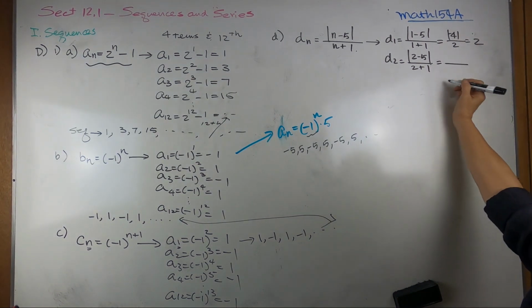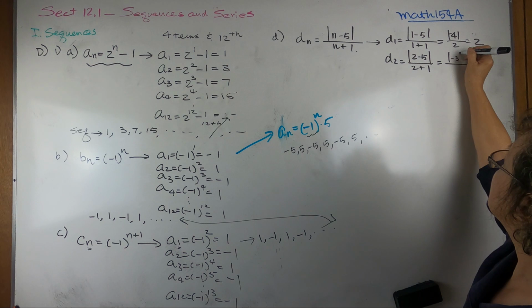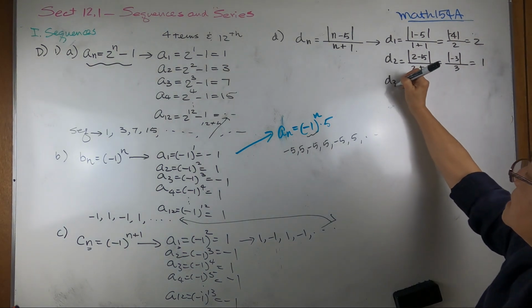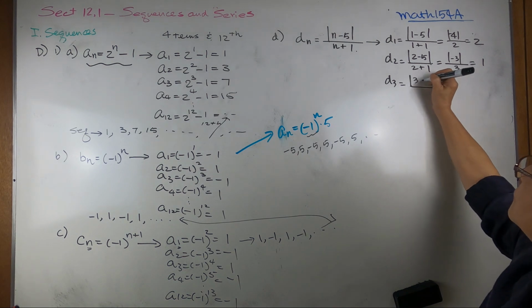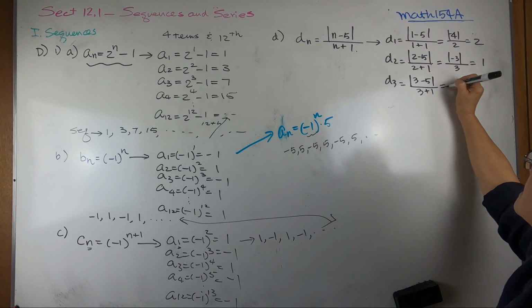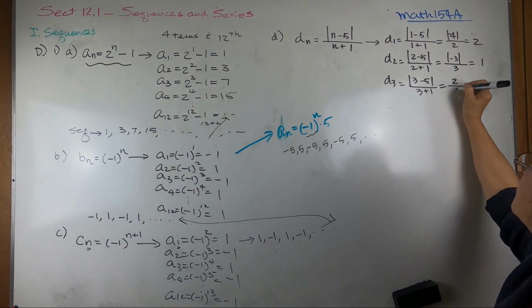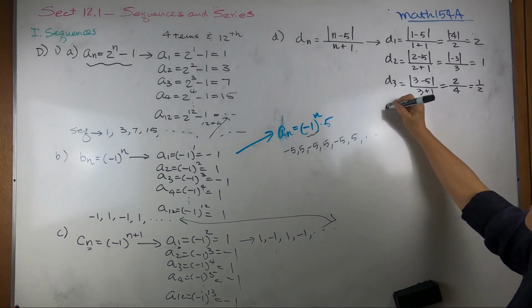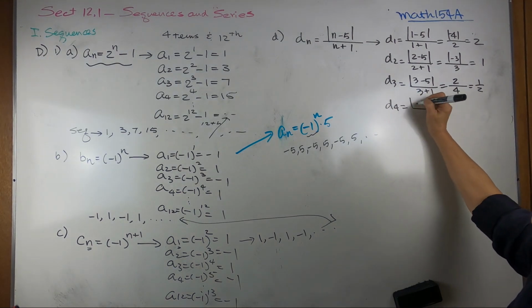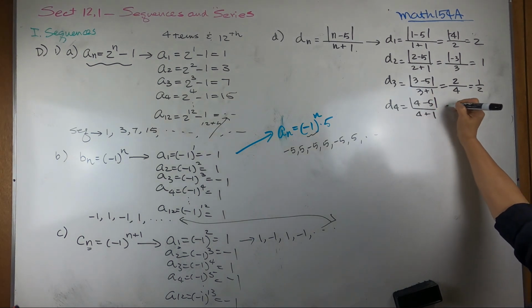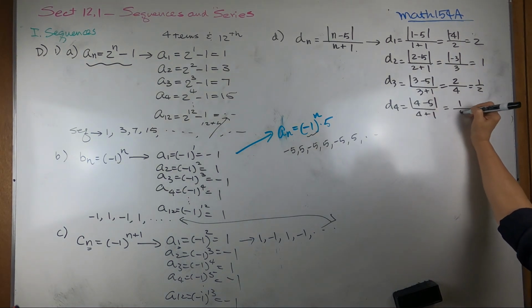It was -3 over 3. That would be 1, right? D3 would be what? (3 minus 5) over (3 plus 1). You just plug in. So that would be 2 fourths would be 1/2. Is that right? D4 would be (4 minus 5) over (4 plus 1). That would be -1/5.